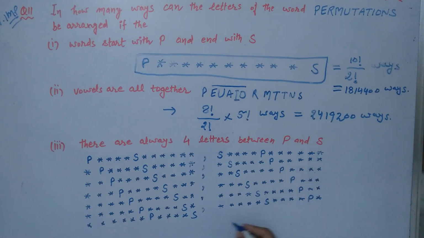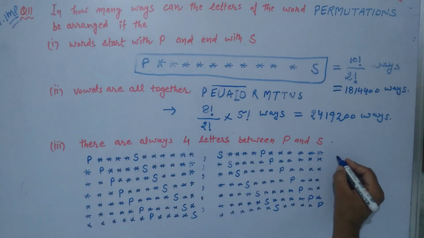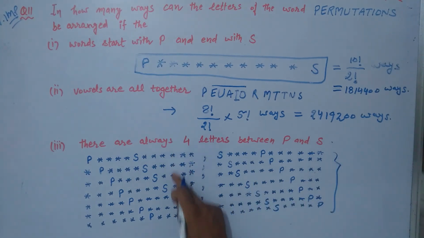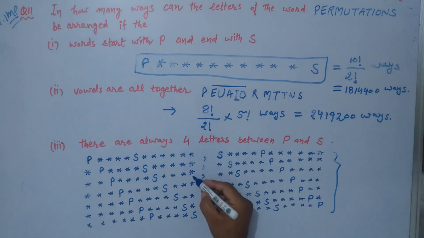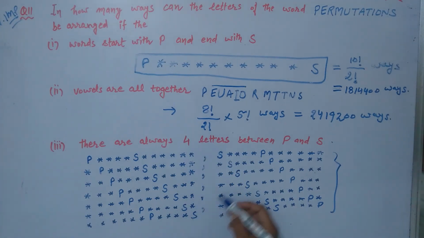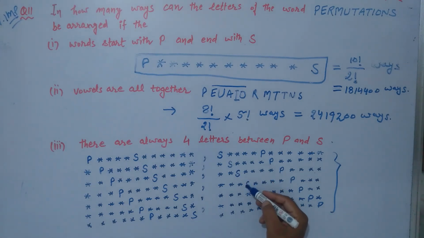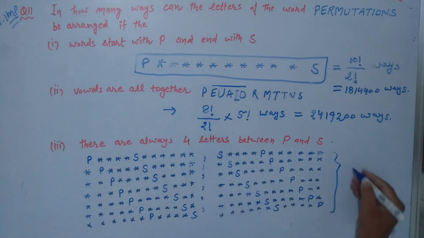So lastly we have S occupying this place, P here. Now what we see is the total number of ways. Total there are 1, 2, 3, 4, 5, 6, 7, 8, 9, 10, 11, 12, 13, 14 rows.